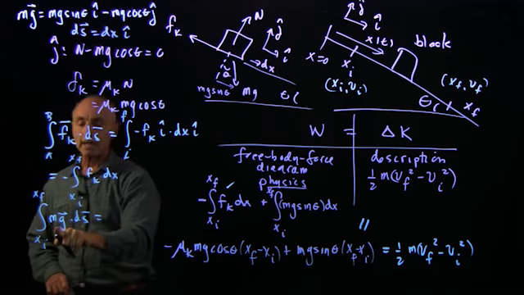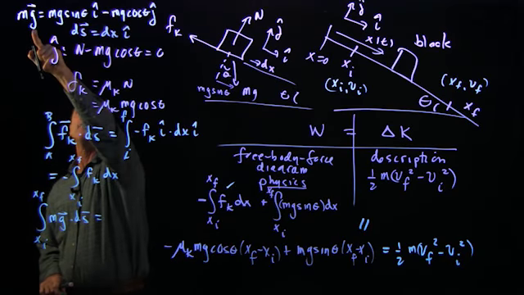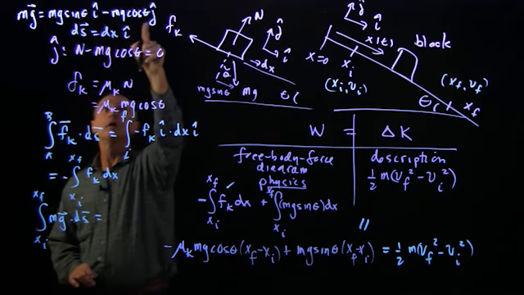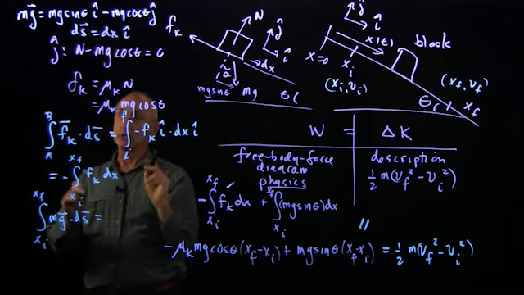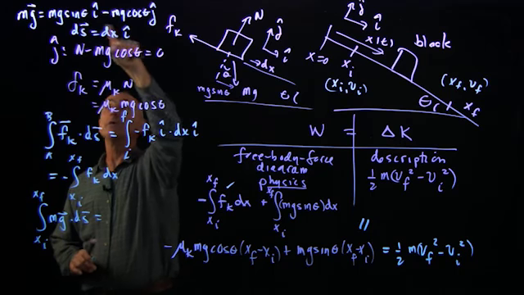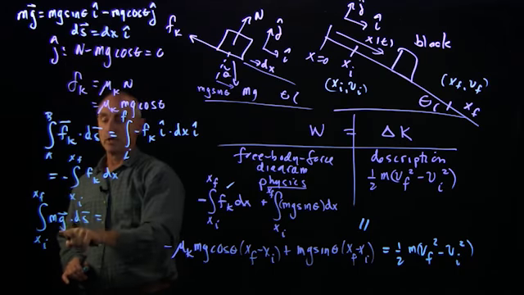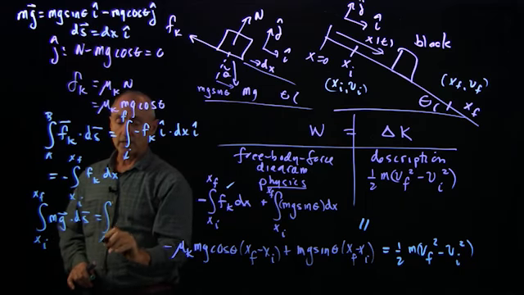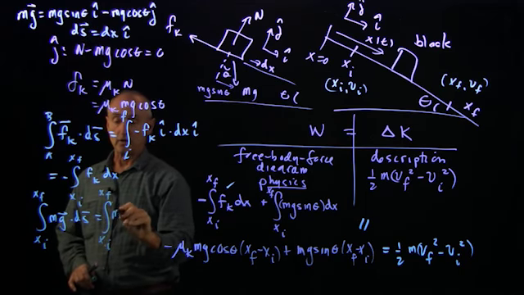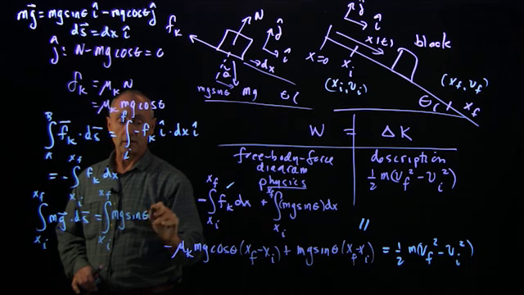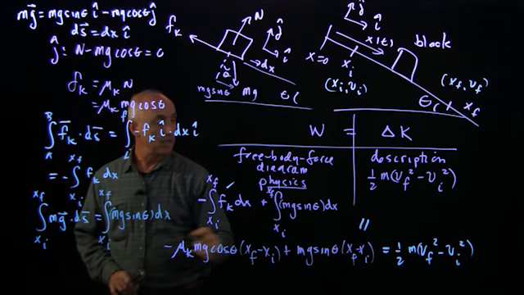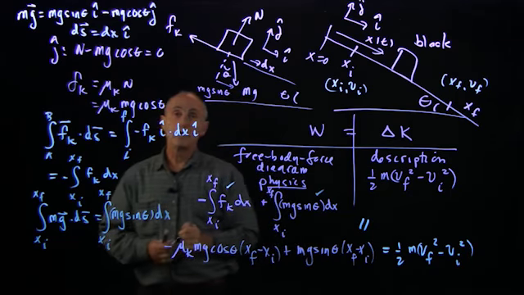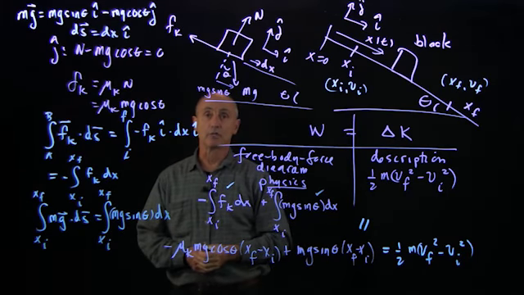Then when you dot product mg dot ds, we have i hat dot i hat, which is 1. But j hat dot i hat, they're perpendicular, so that's 0. So the only piece that survives in the scalar product, mg dot ds, is this piece. And so we get the integral from x initial to x final of mg sine theta times dx. And that's precisely our second piece here. So here's the simple application of the work energy theorem.